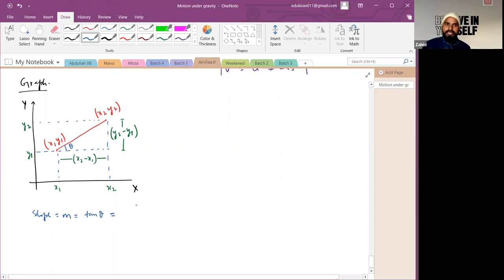So it will be perpendicular divided by base. So it will be y2 minus y1 divided by x2 minus x1. So this is how we define slope or inclination of any line with respect to x-axis using coordinate system.